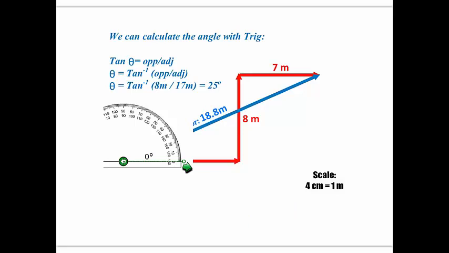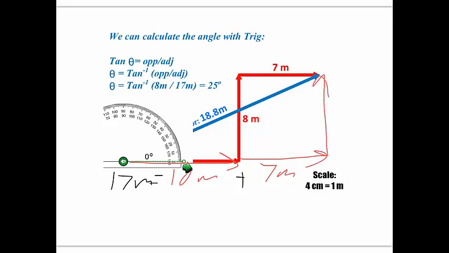Just so you can see it, I know this got cut off a little bit here, but this was the 10 meter vector, and then this was the 7 meter vector, which gave us an overall length of 17 meters along the direction south. And then just using the commutative property, I put the 8 meter vector up here, like that. So I've got my right triangle, which I know got cut off a little bit, sorry about that.